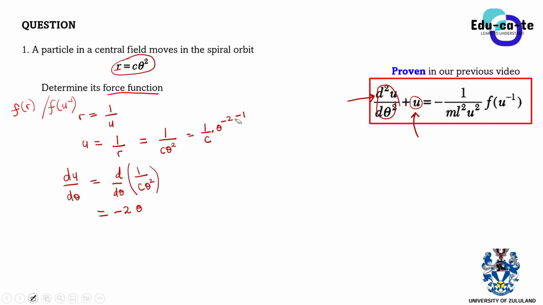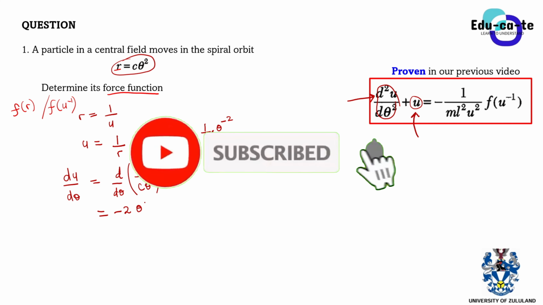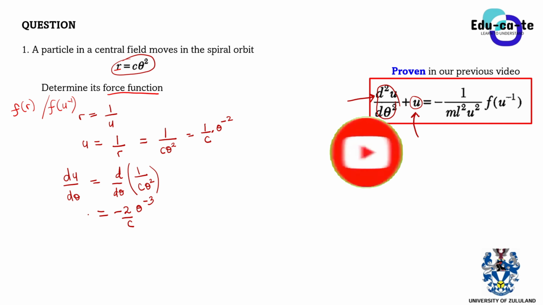We remain with theta to the power of -3, all over c, with -2 in front. This is the first derivative of u with respect to theta.